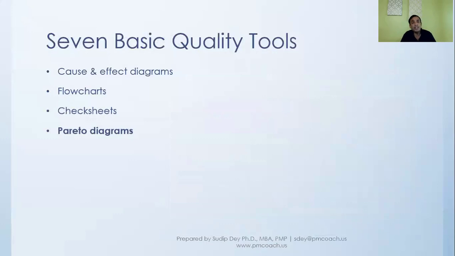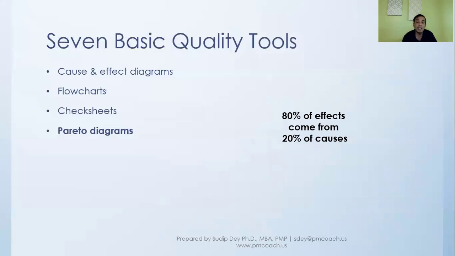Then there is this concept of Pareto diagram. Now Pareto diagram essentially says that 80% of effects come from 20% of causes. So when we look at the errors that are coming, probably 80% of errors are coming from 20% of causes.